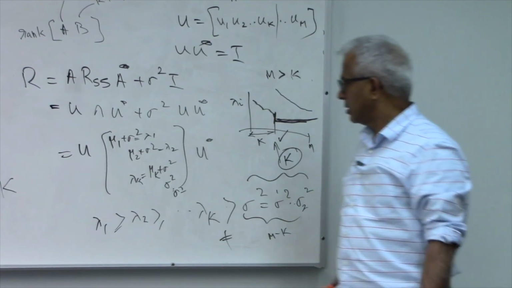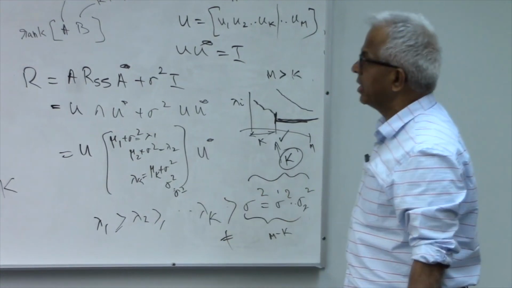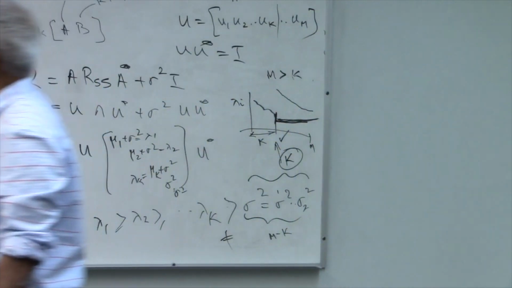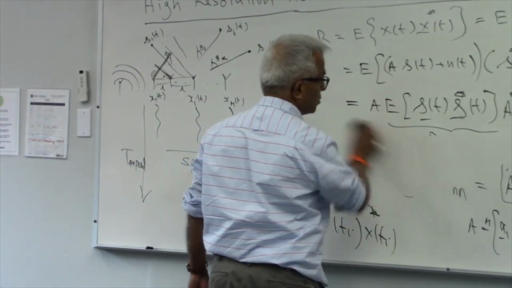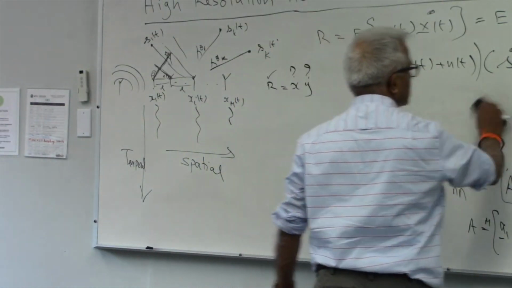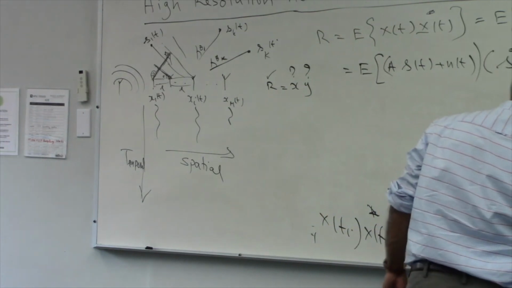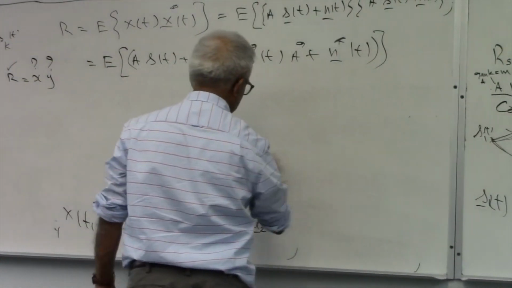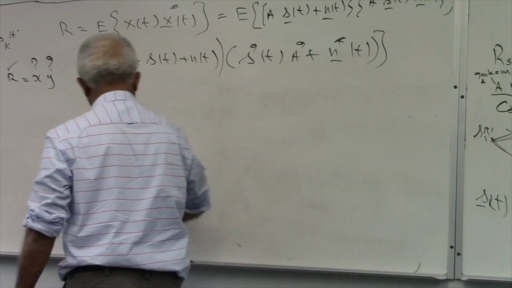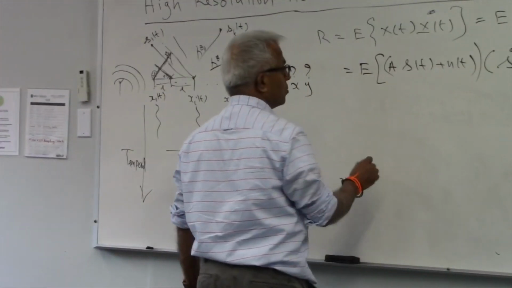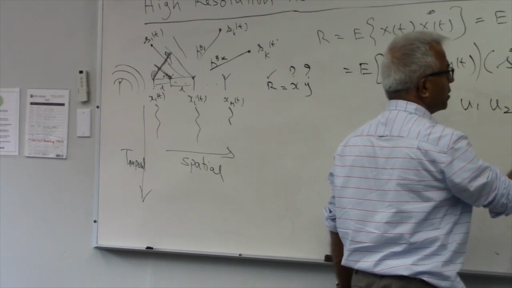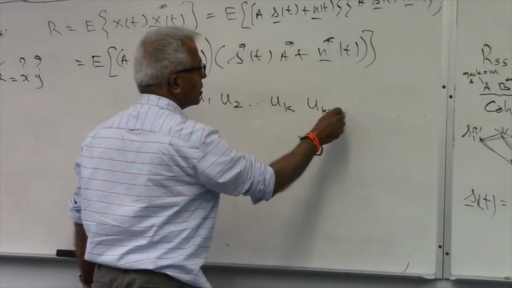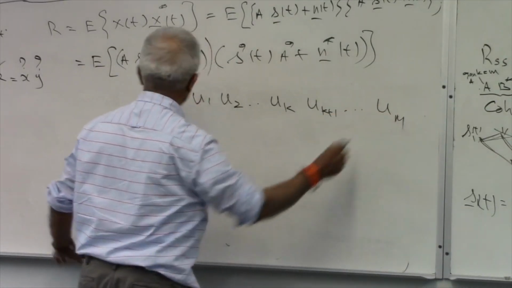All right, then what? So you found k. We are almost over with this first concept. Remember the eigenvectors are u1, u2, through uk, then uk plus 1 through um.